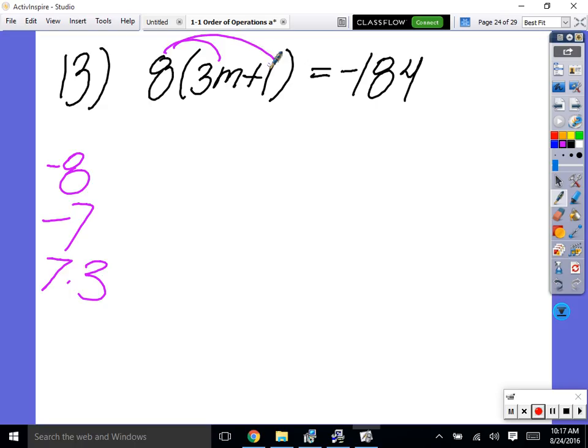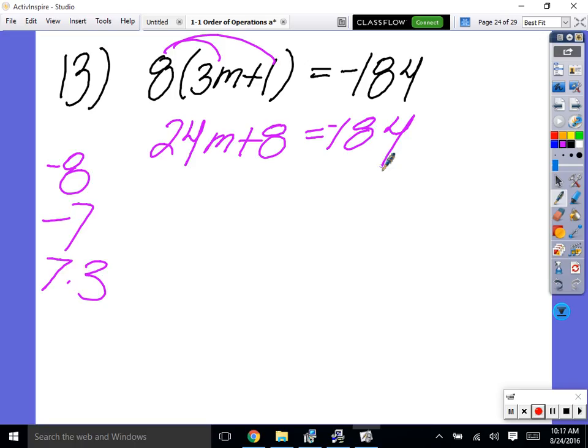Let's distribute that 8 through. So 8 times 3 is 24m's plus 8, right? So if you didn't distribute the 8 through to the 1, that's probably where an error was, because that's just a common mistake. We have equals negative 184.